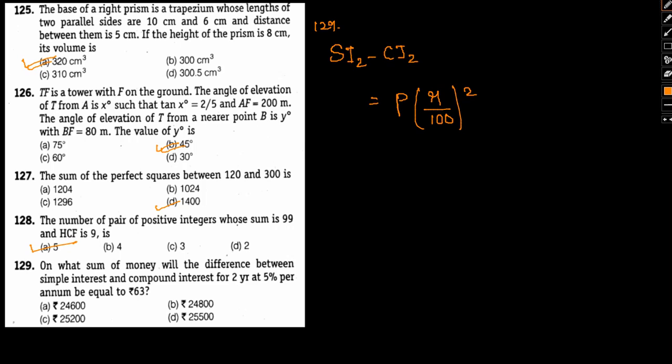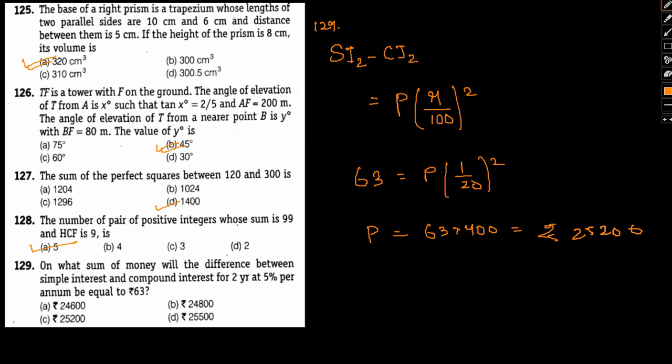We have been given the difference as 63 and the rate as 5, so 1 by 20 whole square. So principal will be 63 into 400, or rupees 25200. Option C is the answer.